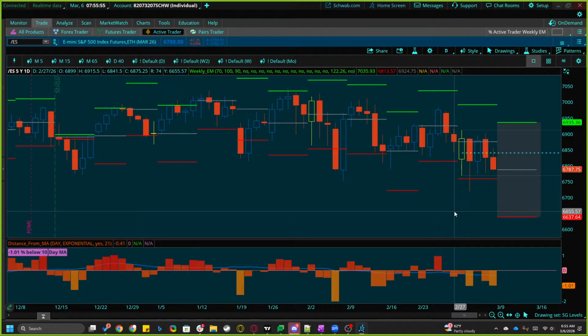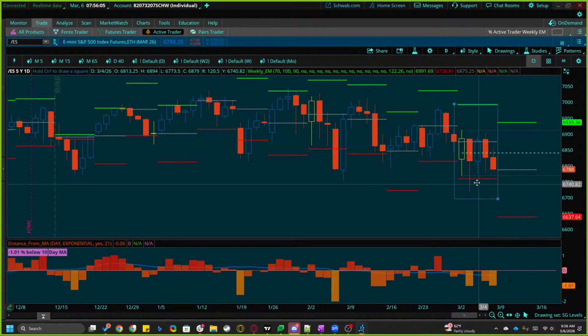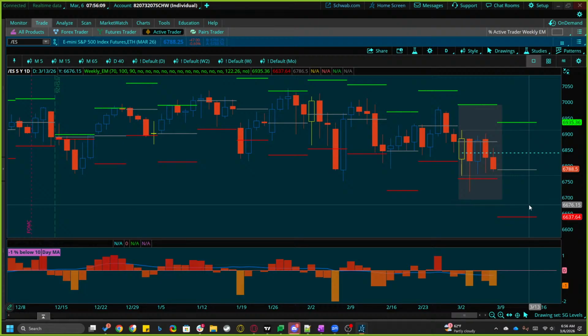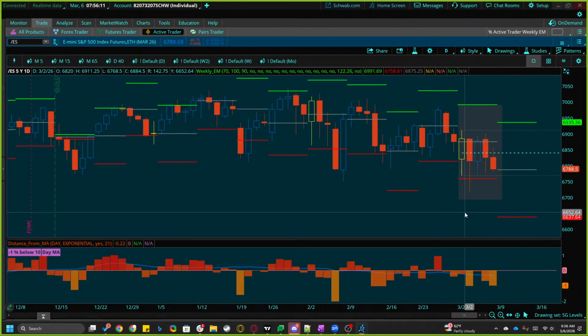Volatility and time. What I like to do on Fridays, even though this range isn't set yet, is measure it and compare it to the week that we just had. And what I'm looking for is, is next week's range larger or narrower than the week that we just had?